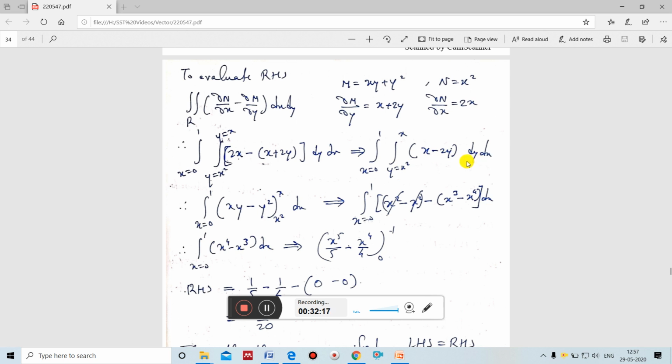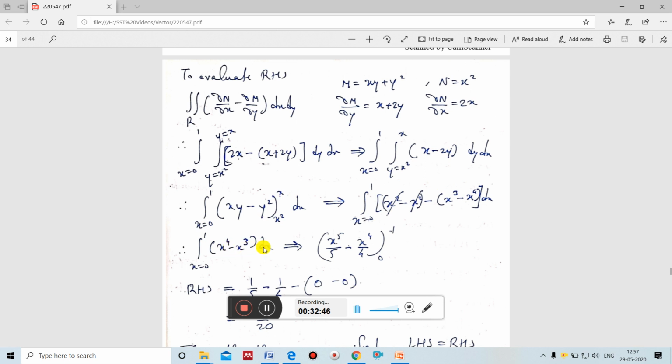First integrate with respect to y. The integration of x with respect to y is xy, minus the integration of 2y, which is 2y²/2, the 2 cancels, giving y². Then the limits are x to x². With x from 0 to 1, put the upper limit x and then the lower limit x². On simplifying, we get (x⁴ - x³) dx.